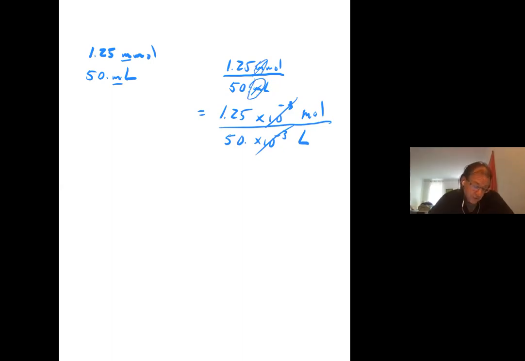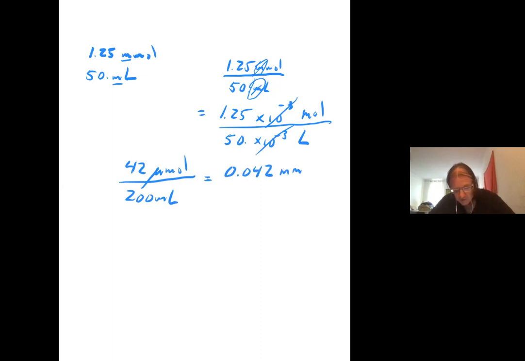In fact, if I was being clever about it, if we had 42 micromoles divided by 200 milliliters, what you could do is convert this to millimoles. Then you'd have them both in milli, and then you could cancel that.